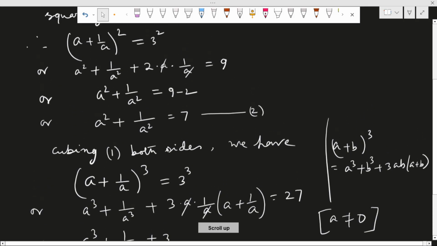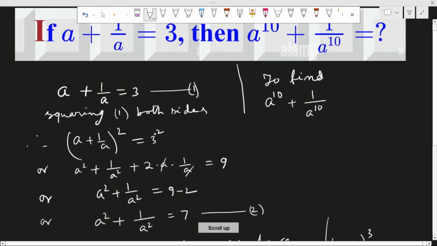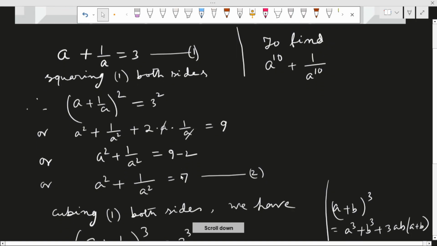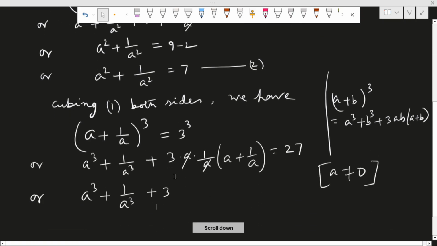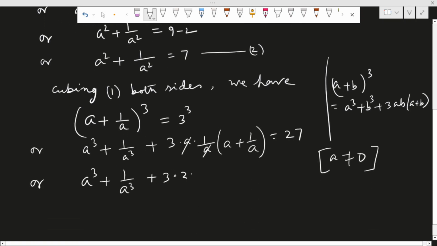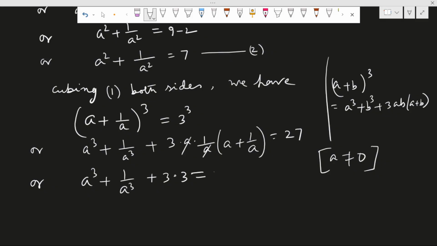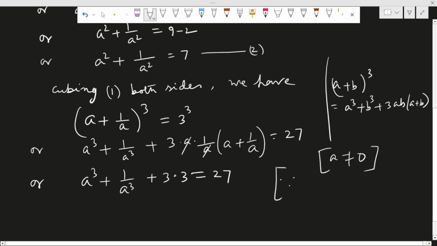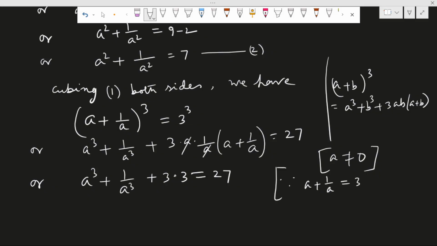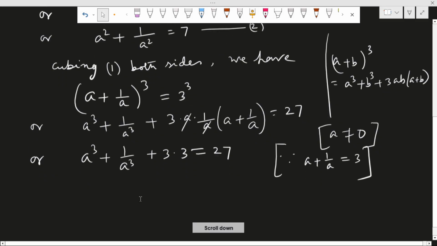What we see? This is given a plus 1 by a is equal to 3. So put the value of a plus 1 by a is equal to 3, that is equal to 27. Now simplify again.